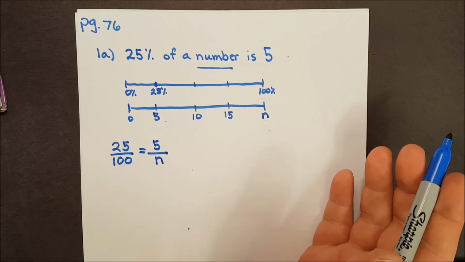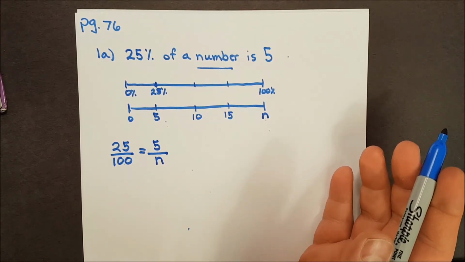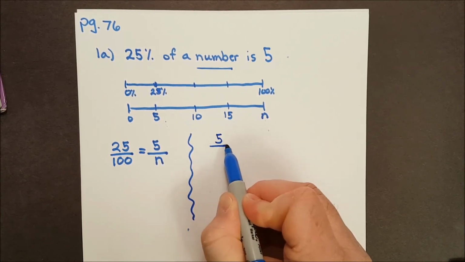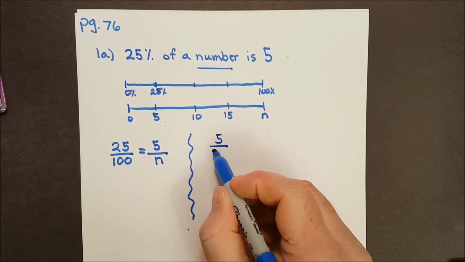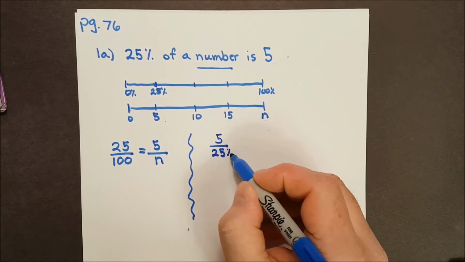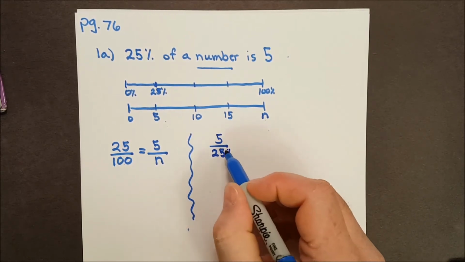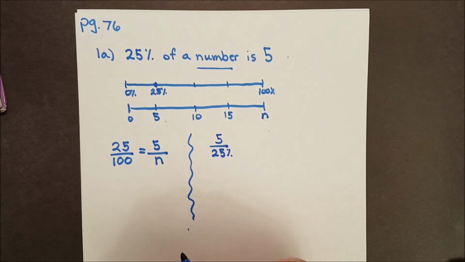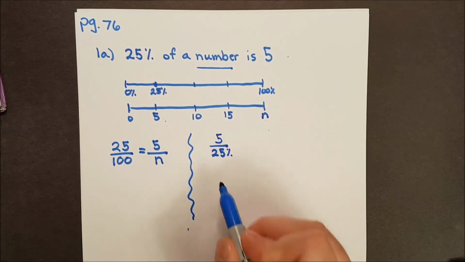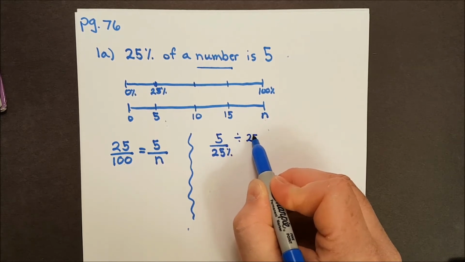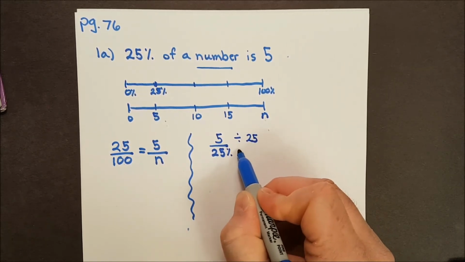Now, we could isolate n, but it involves a lot of algebra. Another way to think about this is a unit rate. So for every 5 we have gives us 25%. Now, how much is each percent? If 5 gives us 25%, how much is each percent worth? Well, let's divide the top by 25 and the bottom by 25.